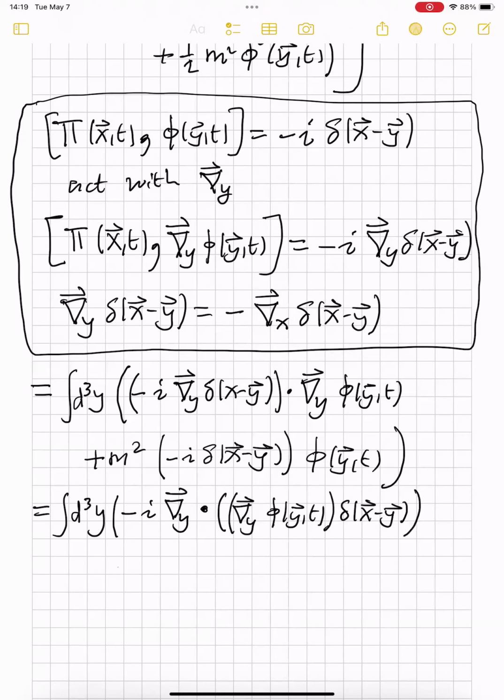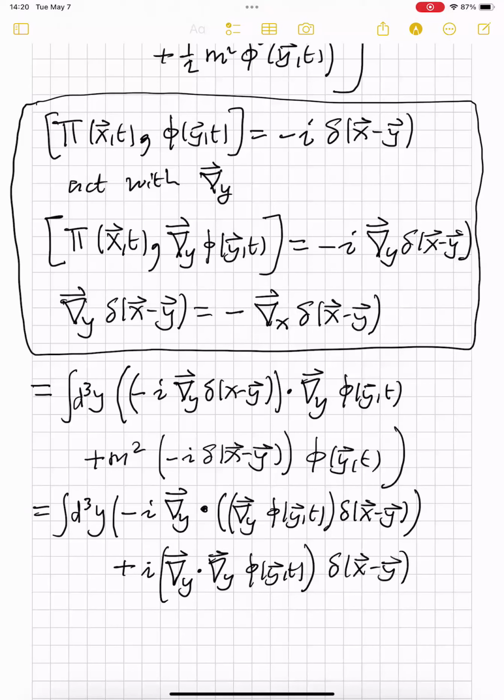And then there's another term which comes with a different sign, plus i, the Laplacian, so nabla dot nabla on y, acting on phi, and then multiplied by the delta function.